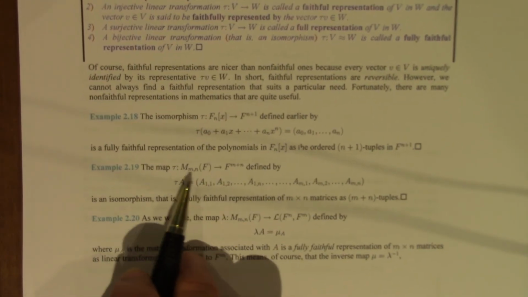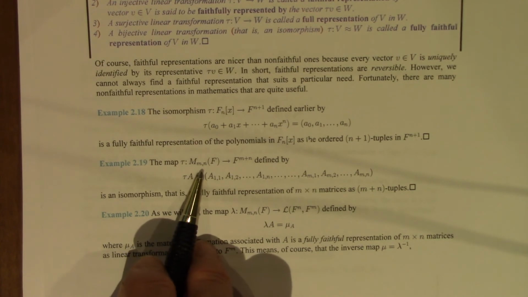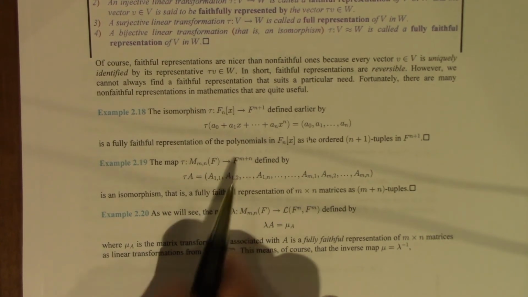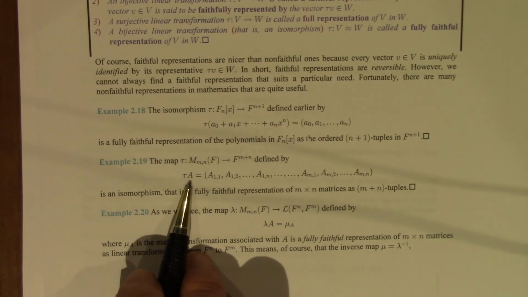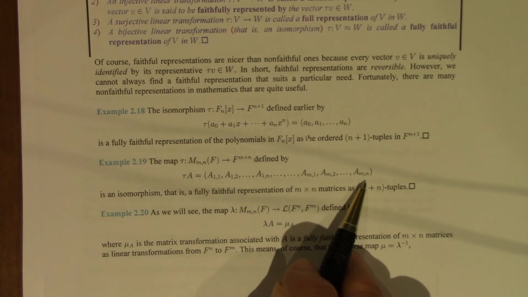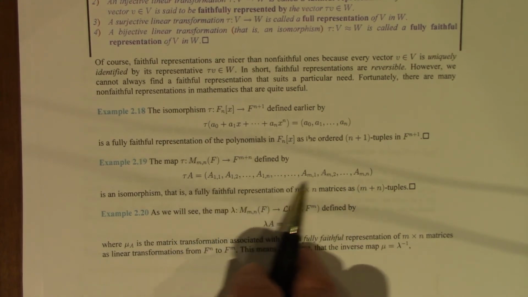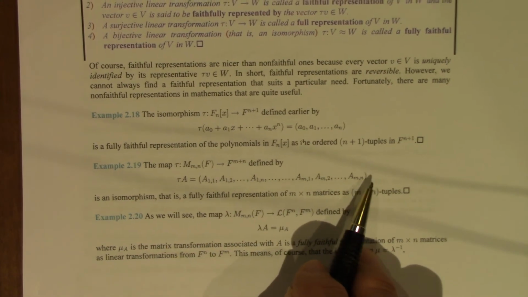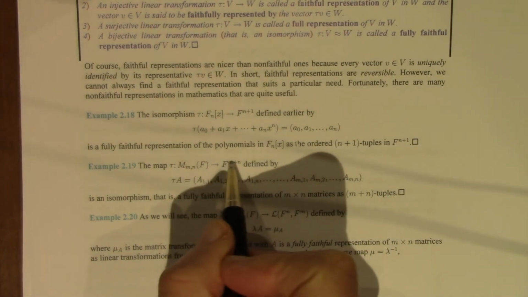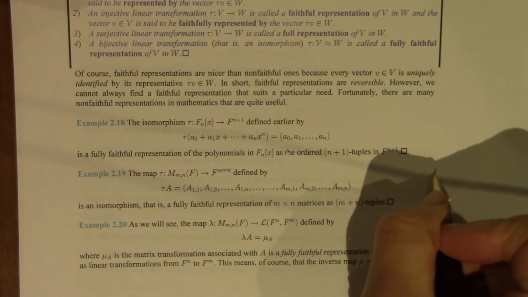The map tau that maps an m by n matrix to a tuple, defined by simply stringing out all the elements of the matrix in one tuple. It would be an n plus m. I'm sorry, it would be n times m. M times n.